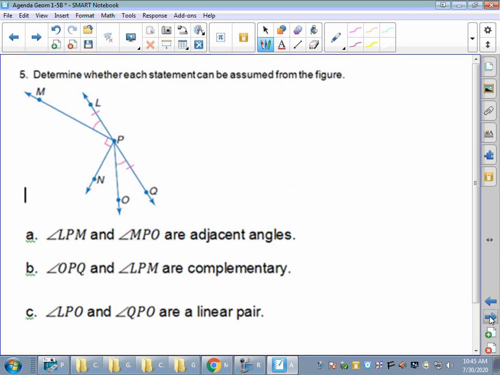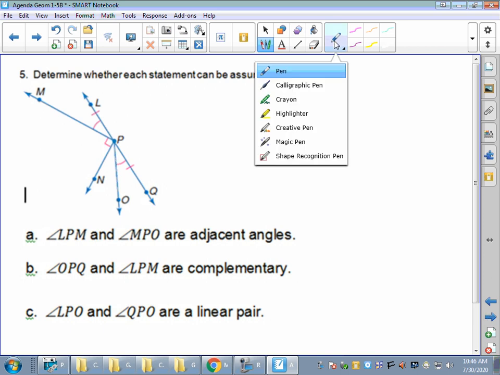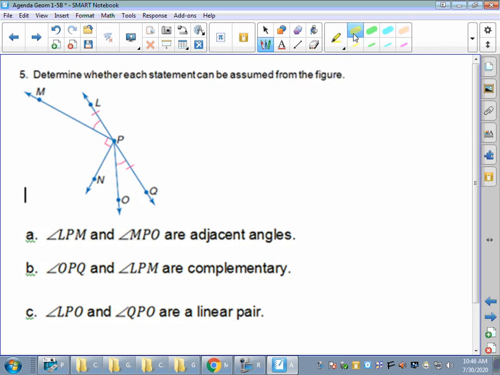So in this one, it says determine whether each statement can be assumed from the figure. So if I asked you if LPM and MPO are adjacent angles. First of all, let me identify those angles. LPM is this angle. MPO, whoops, I went too far.